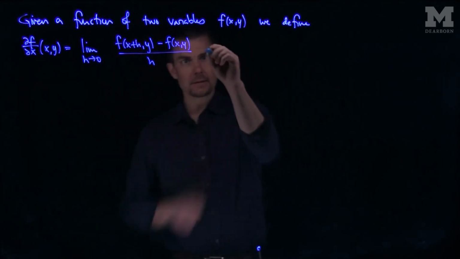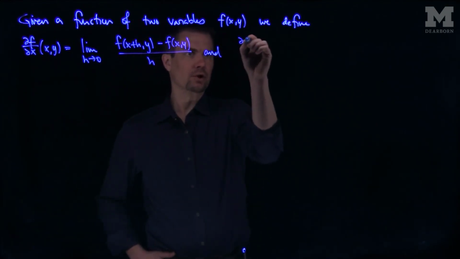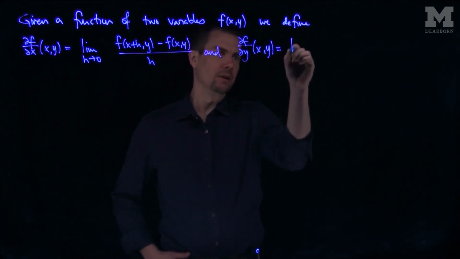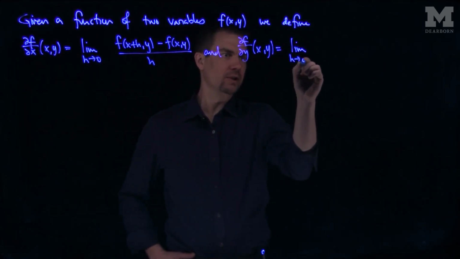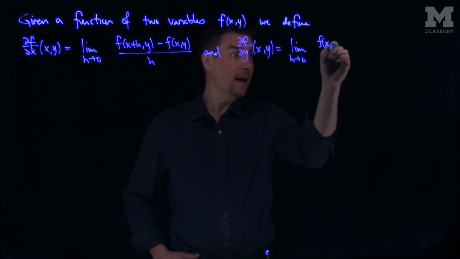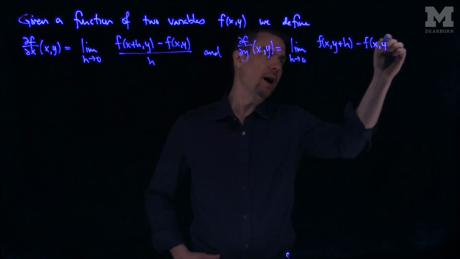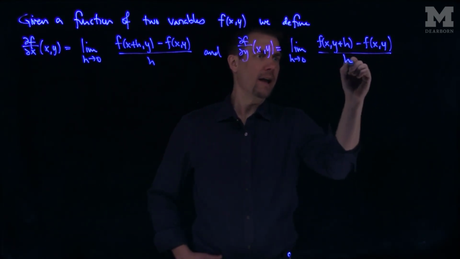And we define partial f partial y at the point (x, y) to be the limit as h goes to 0 of f of x and then y plus h minus f of x y, all divided by h.